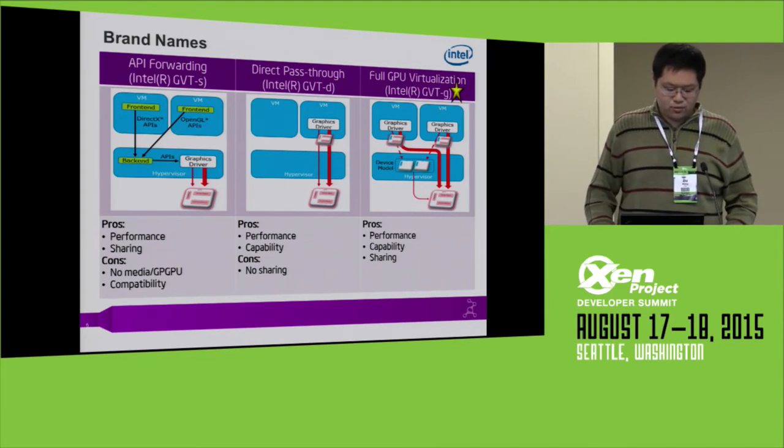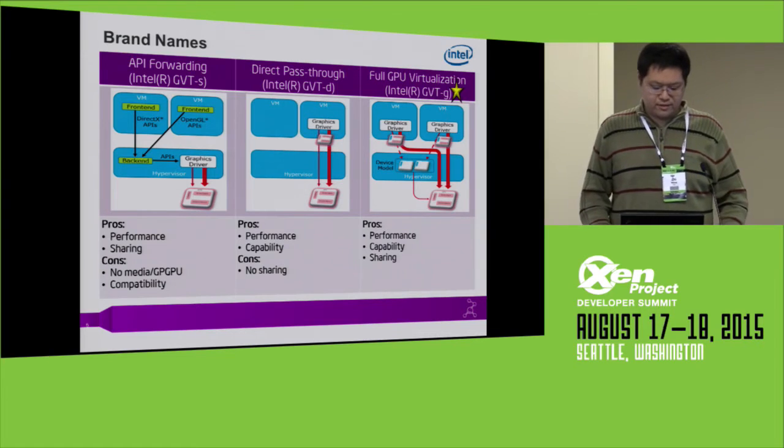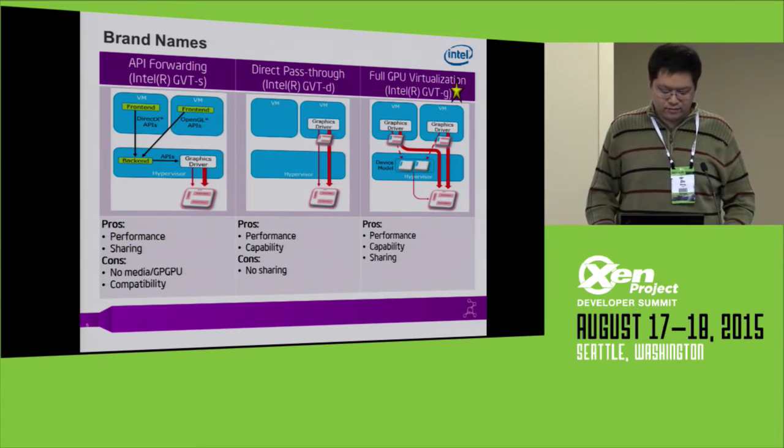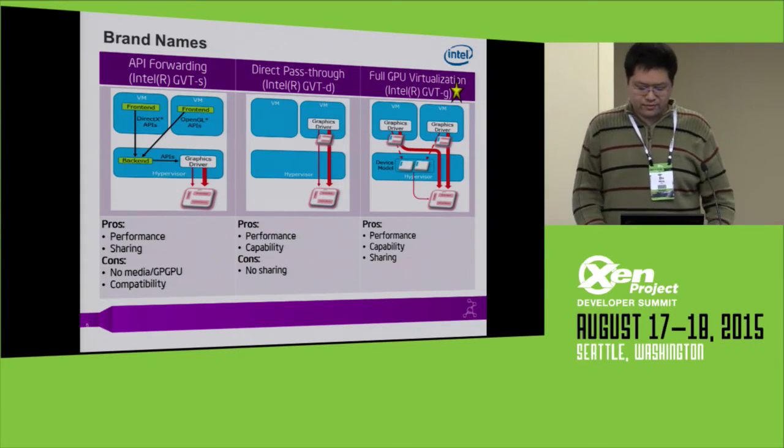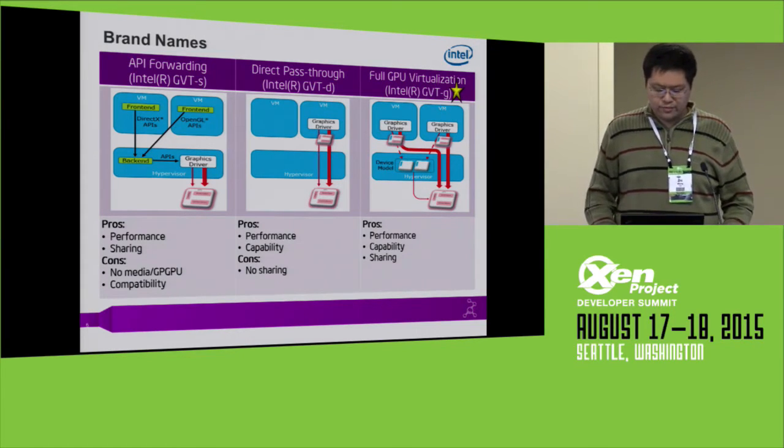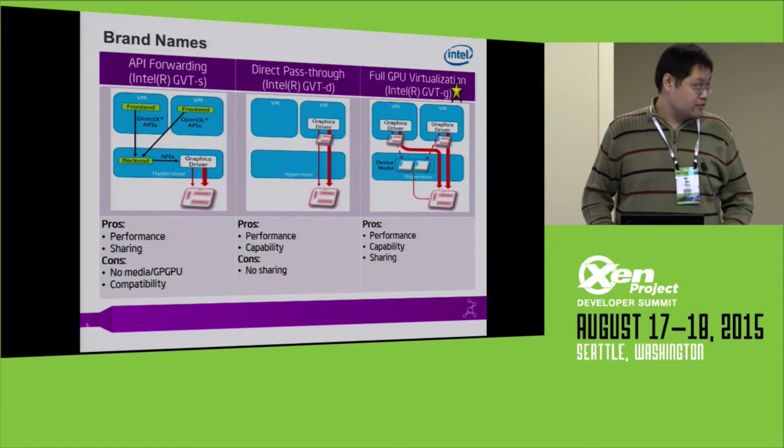The second one is the approach of direct pass-through, and its brand name is Intel GVT-d. And the third one, full GPU virtualization, is our solution, and its brand name is Intel GVT-g, which is our topic today.